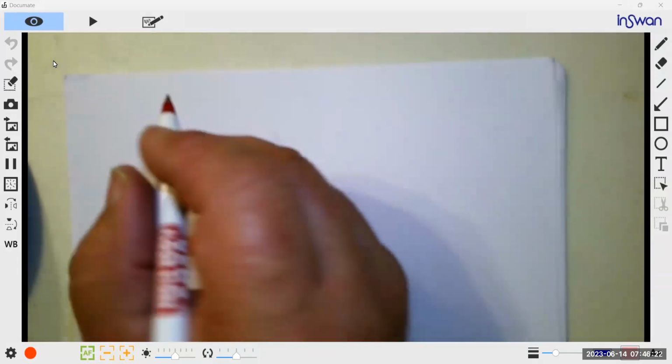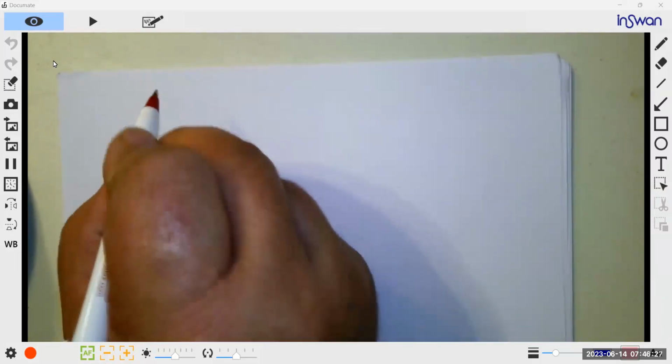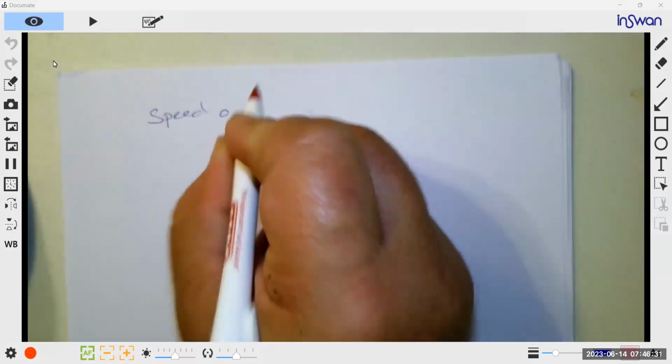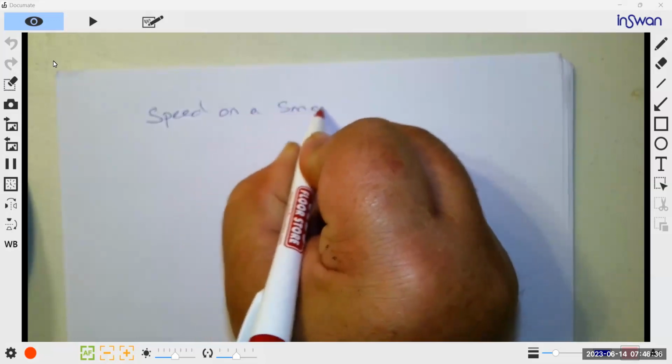Since we found the arc length and the velocity, we really looked at the speed of a particle on a smooth curve.